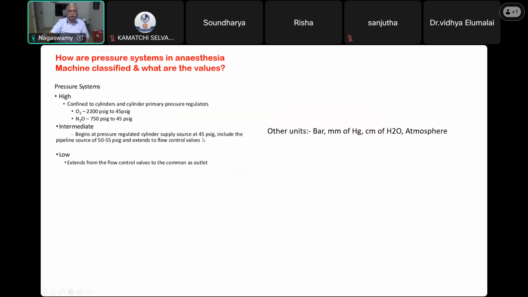Intermediate is reduced from 45 to 15, 14 to 15, and low extends from 5 to 7. So gradually the pressure is reduced. Why does the pressure have to be reduced? To avoid damage to the conduit from high pressure, barotrauma. That is the main reason.